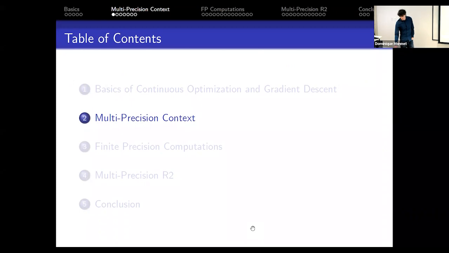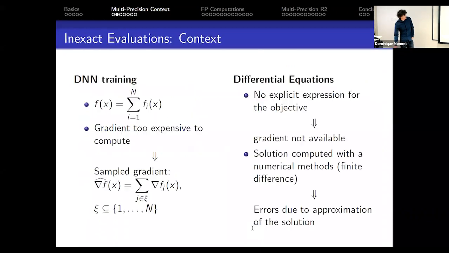So now let's see this algorithm in light of the multi-precision context. Here are two examples where multi-precision can arise. The first one is neural network training. Maybe you're familiar with that already. The objective function in neural network training can be viewed as this, overly simplified.